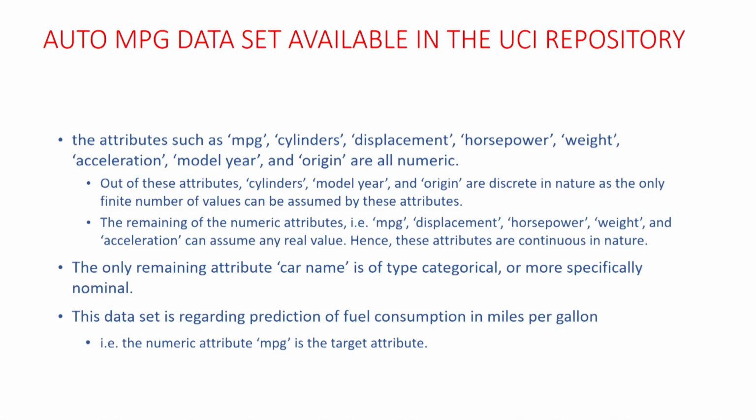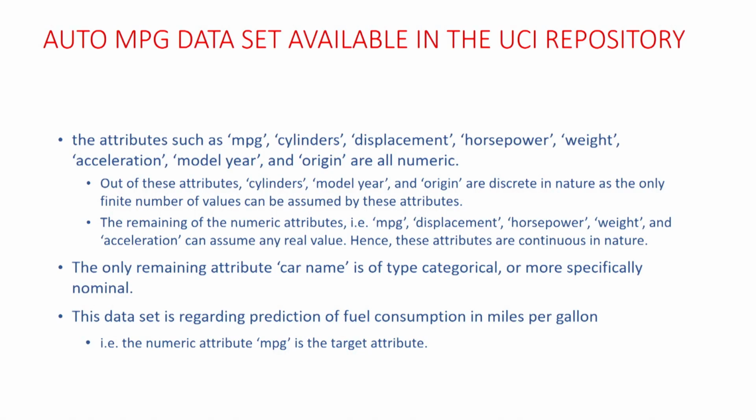All these attributes are numerical attributes. There is one more attribute, car name, which is a categorical attribute, because names of cars are written in it. Here MPG is the target attribute, meaning the response variable for which we want to predict values.